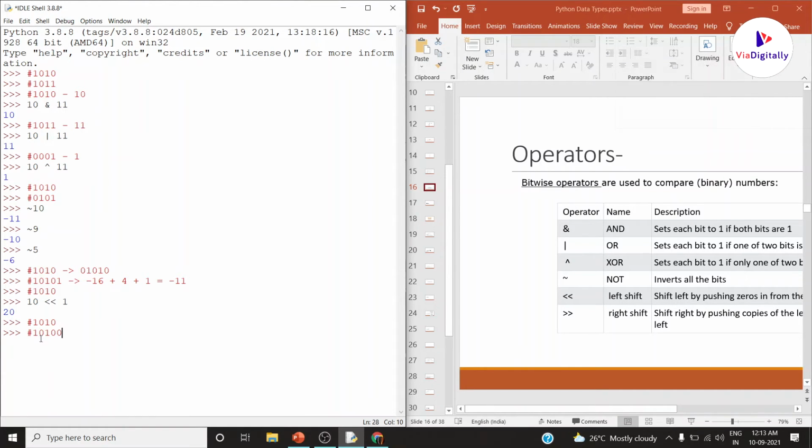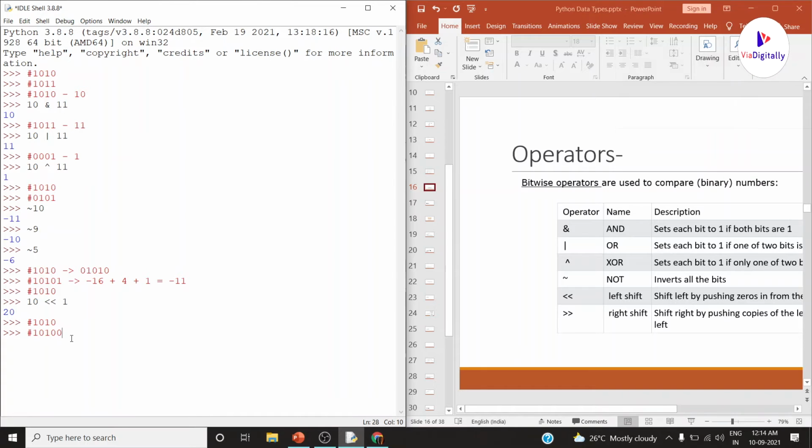Python carries the additional sign bit, but here the sign bit does not come into the picture. The sign bit stays as it is, but the number value changes, because here it is 16 plus 0 plus 4 plus 0 plus 0. What is its value? It is nothing but 20.